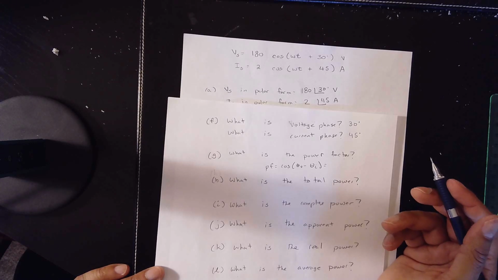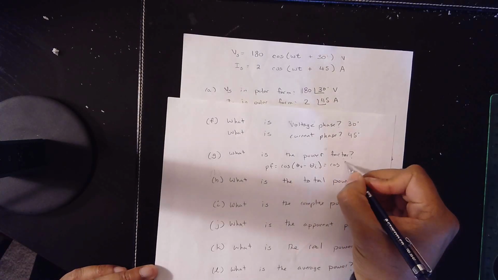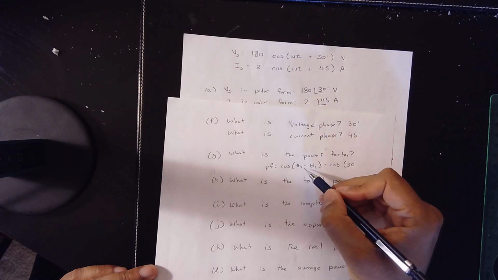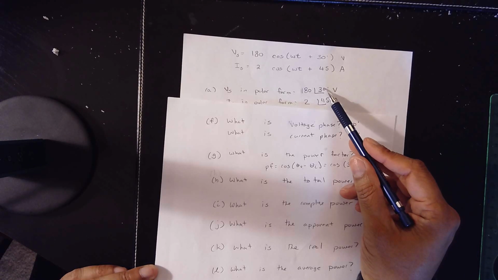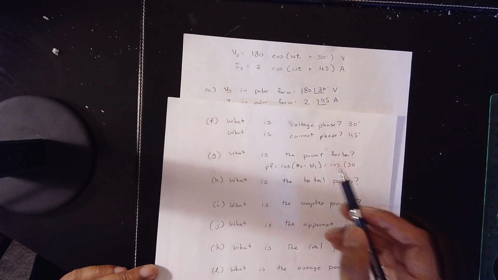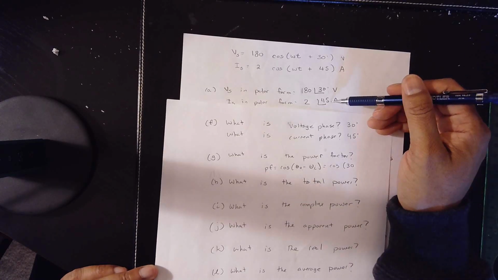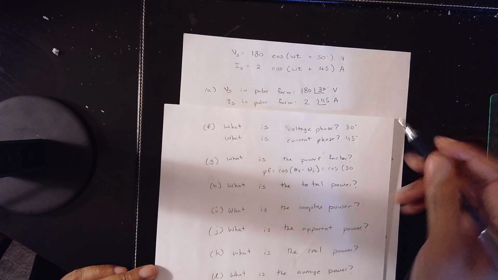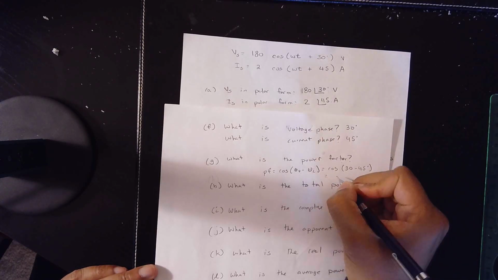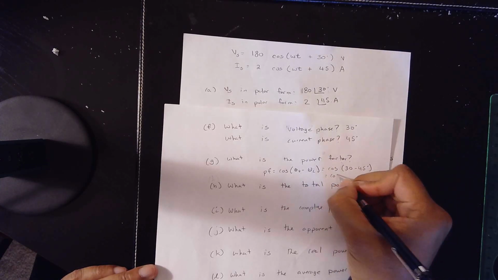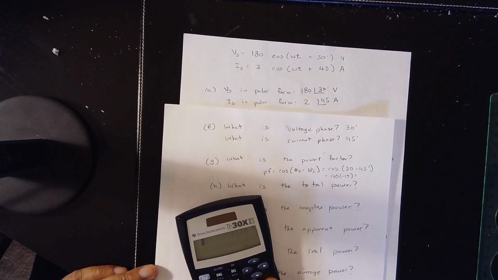So cosine of 30 degrees, which is the angle of V, minus the angle of I. Notice they're the same thing, right? We use these different terminologies to mean the same thing. This is the cosine of minus 15. What is the cosine of minus 15?